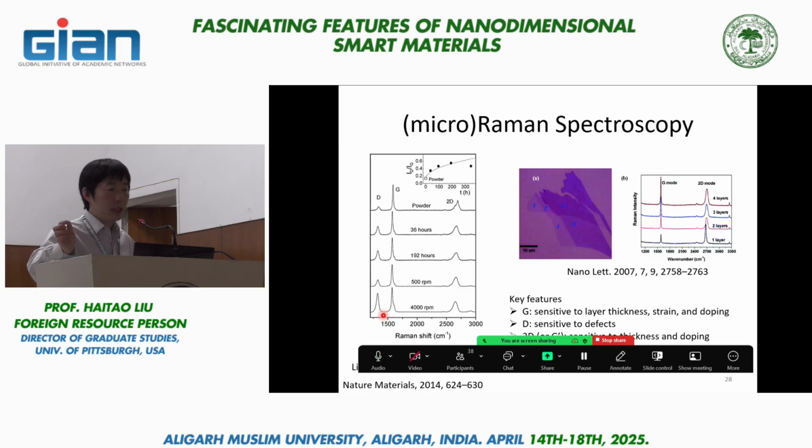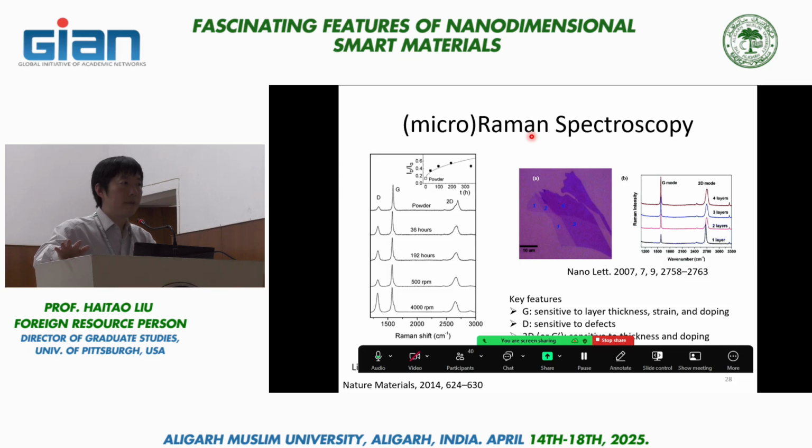The mechanical strain will also show up on the G and 2D peaks. You'll see a progressive shift of those peaks depending on the strain being tensile or compressive. All right, so that is Raman, and as I said, Raman has been used in all kinds of 2D materials research, not only limited to graphene, but also TMDs.